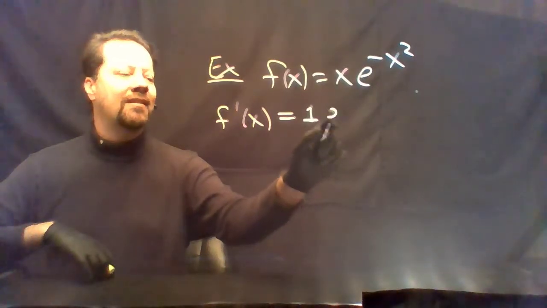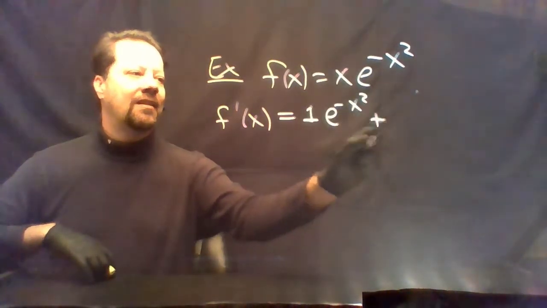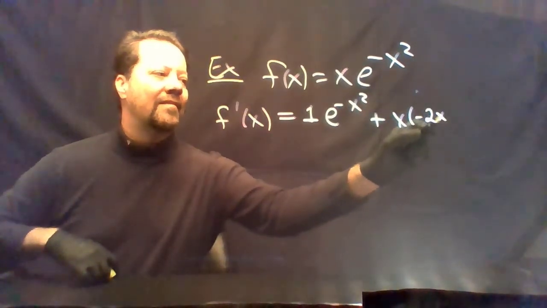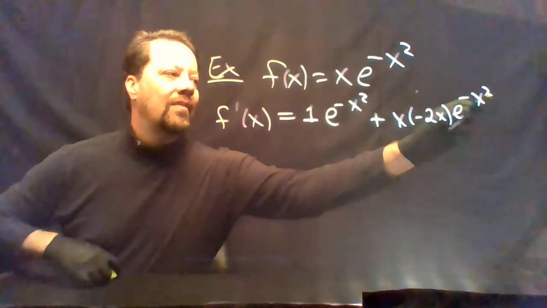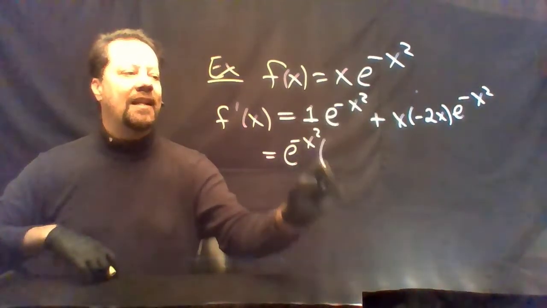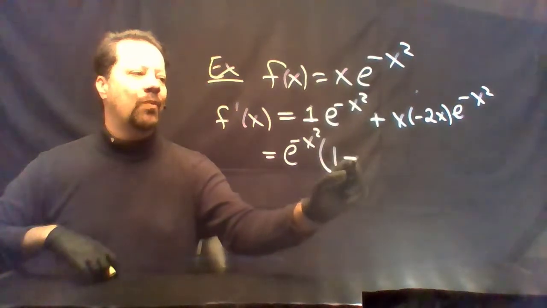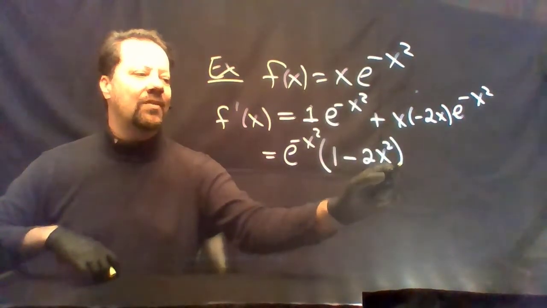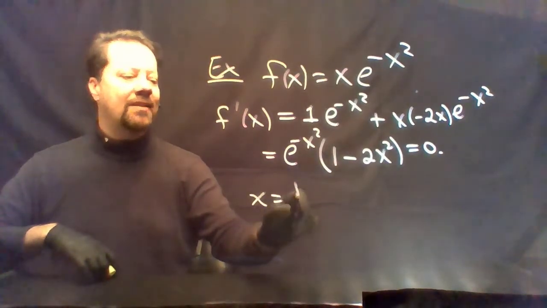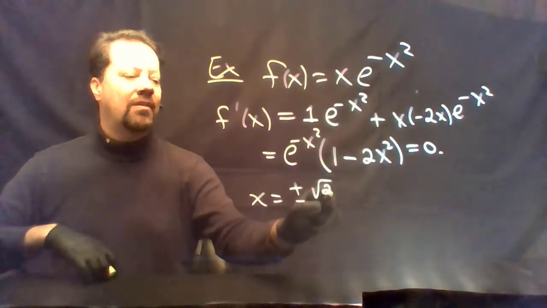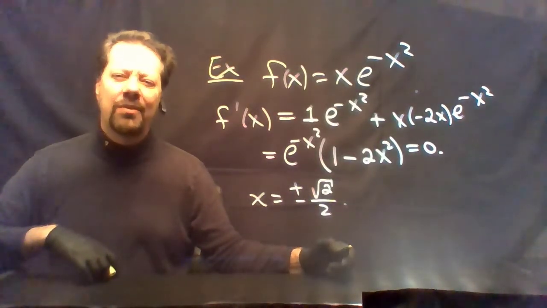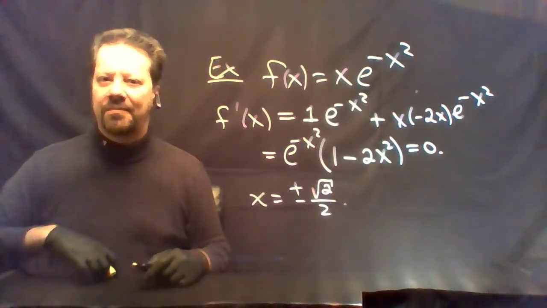Derivative of the first times the second plus the first times the derivative of the second using the chain rule. Factoring e to the negative x squared out, what's left over is 1 minus 2x squared. If we set that equal to 0, we get x is plus or minus root 2 over 2. 2 critical points.